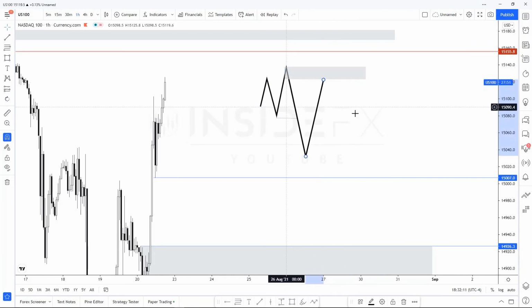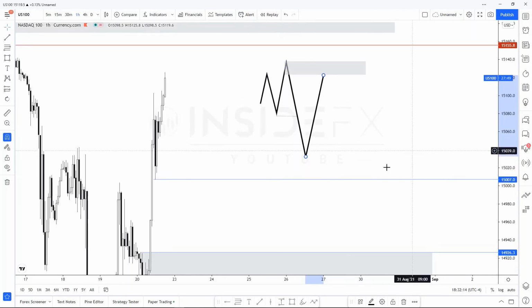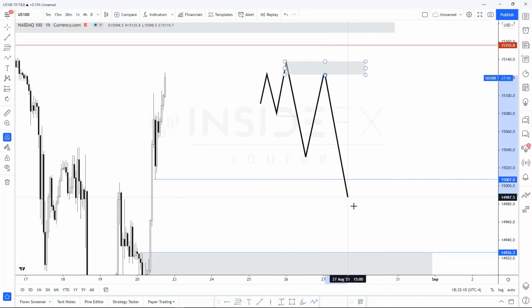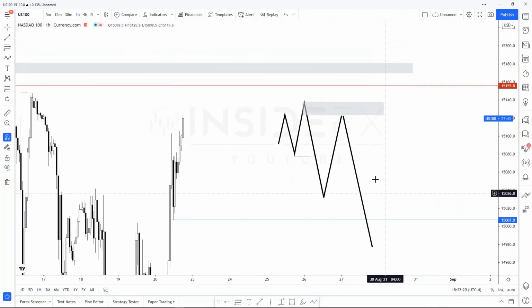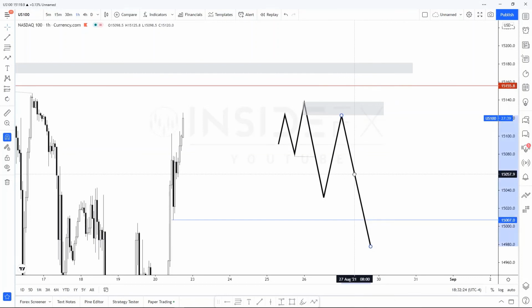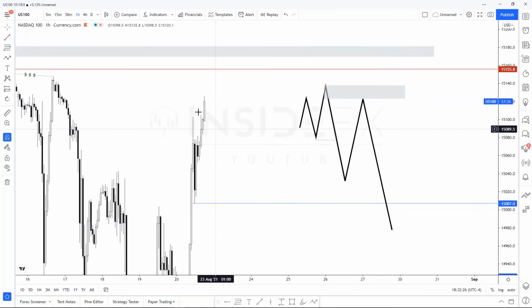It could be 1 candle, 2 candles, or 3. You need to wait and see what price presents to you at that moment, and then you can take your entry. So I would wait for something like that on the lower time frames once price reaches up here.